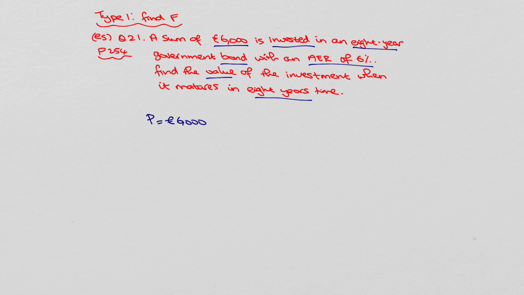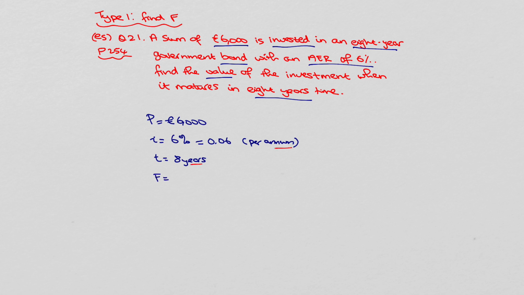So in other words, we're paying 6,000 for a bond. Our annual equivalent rate is 6%, so that's going to be 0.06 as a decimal. Our time is 8 years, and that's an AER, so therefore that's per annum. So in other words, our interest is matching our time, so we don't need to change that.